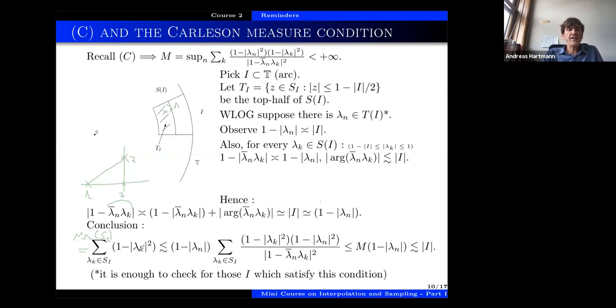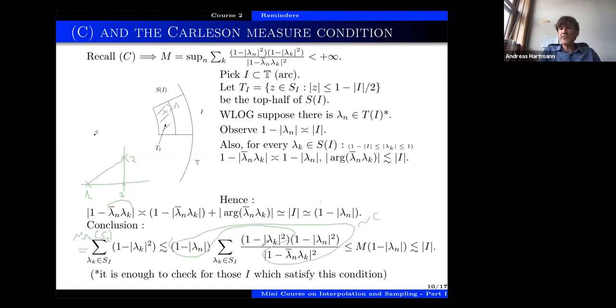And this is exactly the sum over all lambda k in Si of 1 minus lambda k. Now, 1 minus lambda n is comparable to 1 minus lambda n bar lambda k. So I can divide, and this is comparable to a constant, and I raise it to a square. It's still comparable to a constant. And in fact, this is all comparable to a constant.